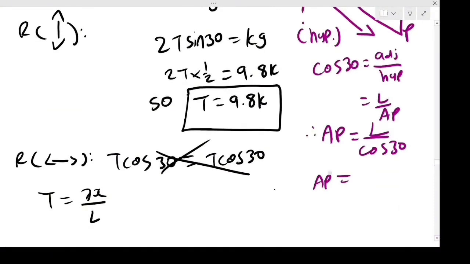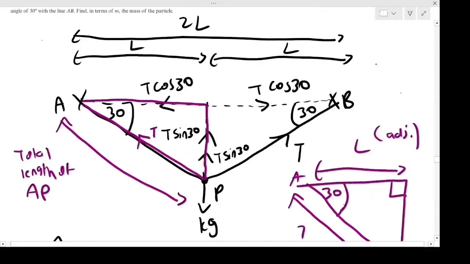So if we divide by cos 30, we get AP is 2 root 3 over 3 lots of L. And so there we are. That is my length from A to P here, 2 root 3 over 3 lots of L. Hopefully happy with that.